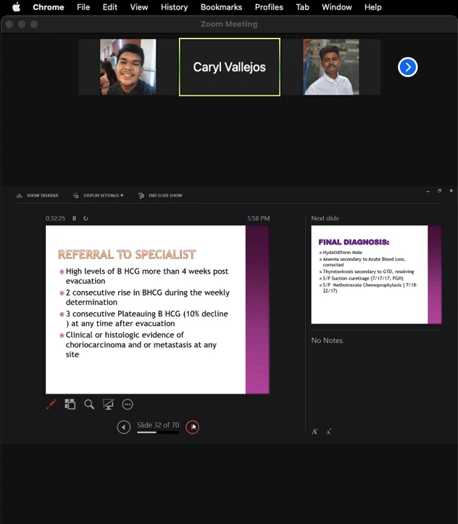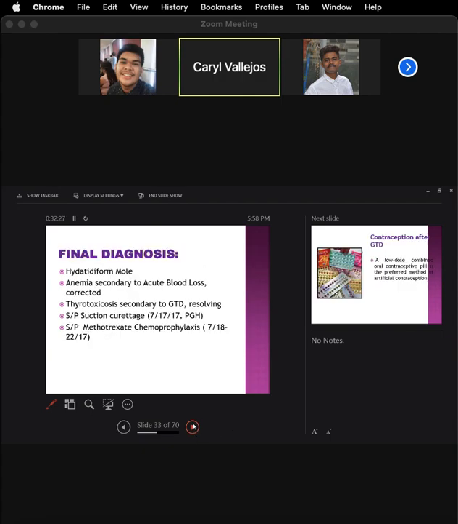So going back again to our index case, the final diagnosis is hydatidiform mole, anemia secondary to acute blood loss, corrected, thyrotoxicosis secondary to GTD, resolving, status post-suction curettage, and status post-methotrexate chemoprophylaxis.